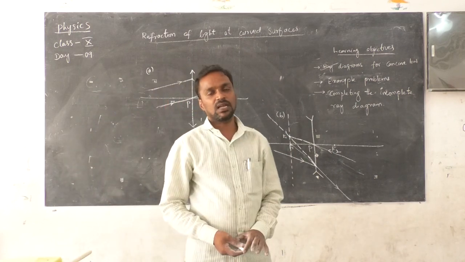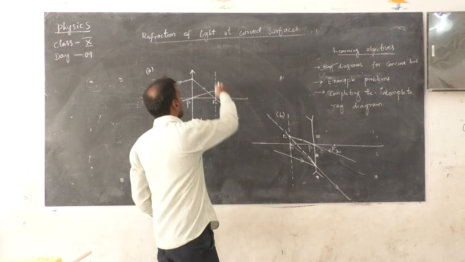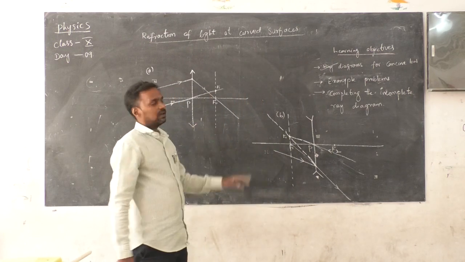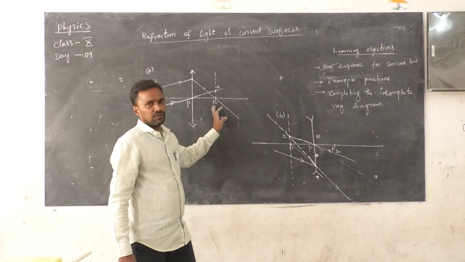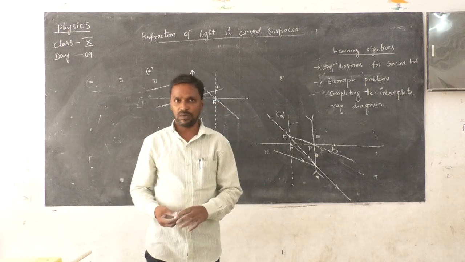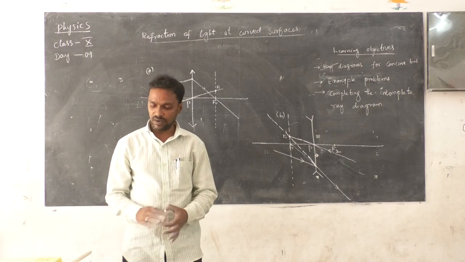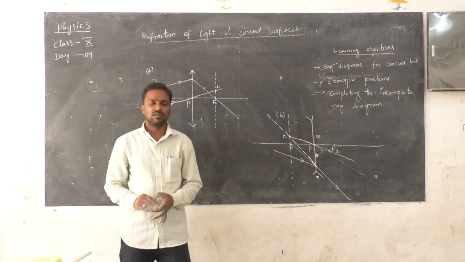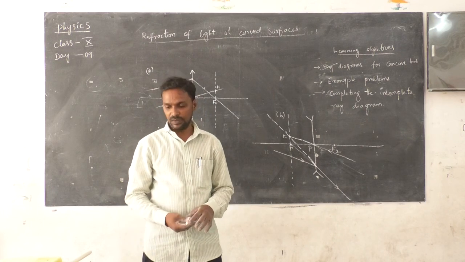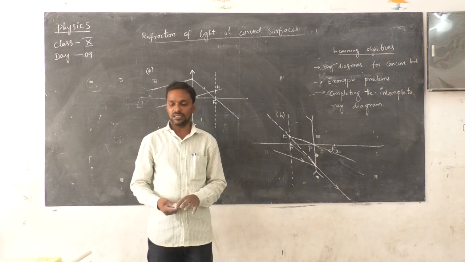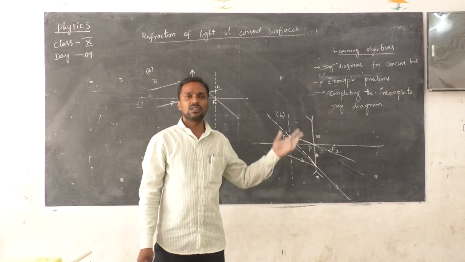Therefore, the ray diagram can be completed by drawing a perpendicular line from the focus, the foot of the focal plane. By this, we can conclude that ray diagrams can be formed by this continuation.